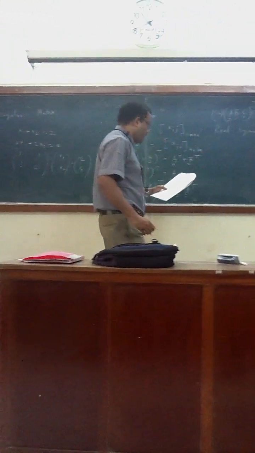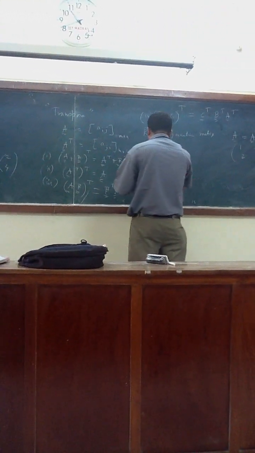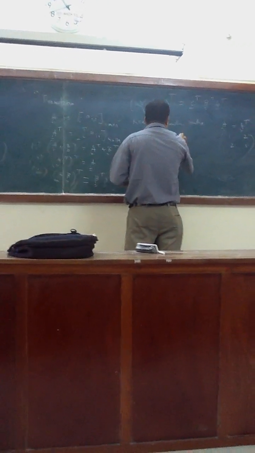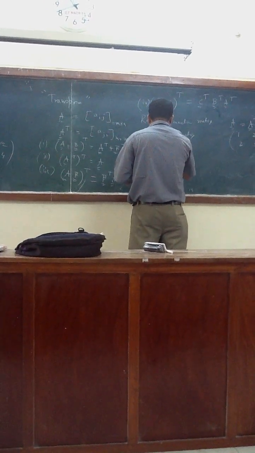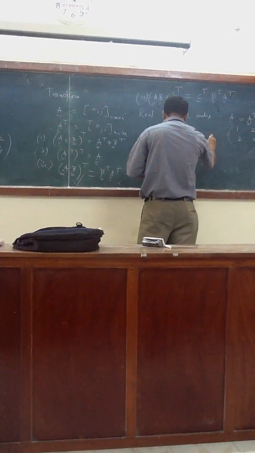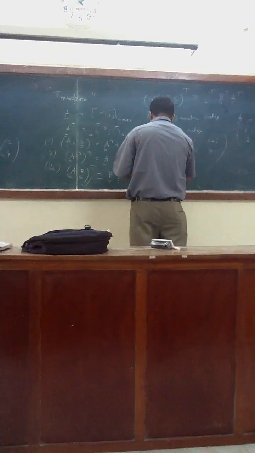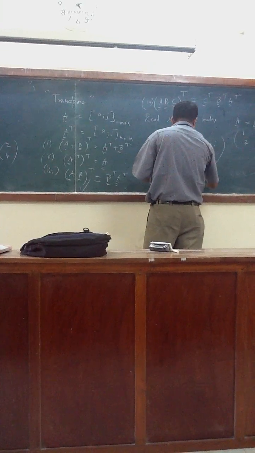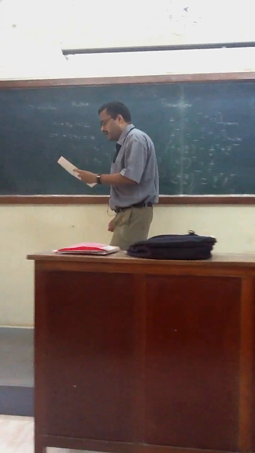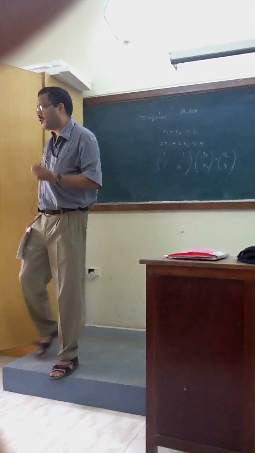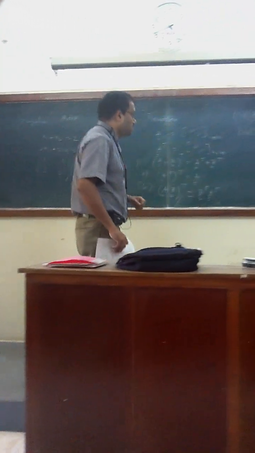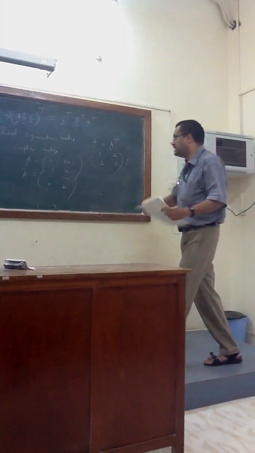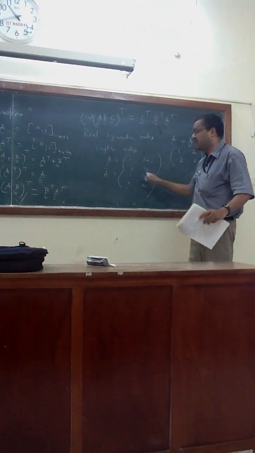So let's talk about the complex matrix. We have a matrix A, which is i, 1 plus i, 0, 2, and A bar is minus i, 1 minus i, 0, 2. So you take the bar, which is the conjugate. Wherever there is a complex quantity in the entries, it will be taken as a conjugate. So a plus ib has complex conjugate a minus ib. Others will not change.